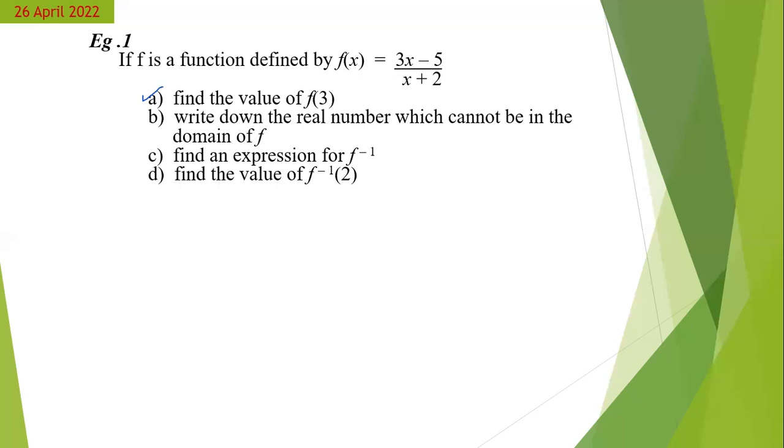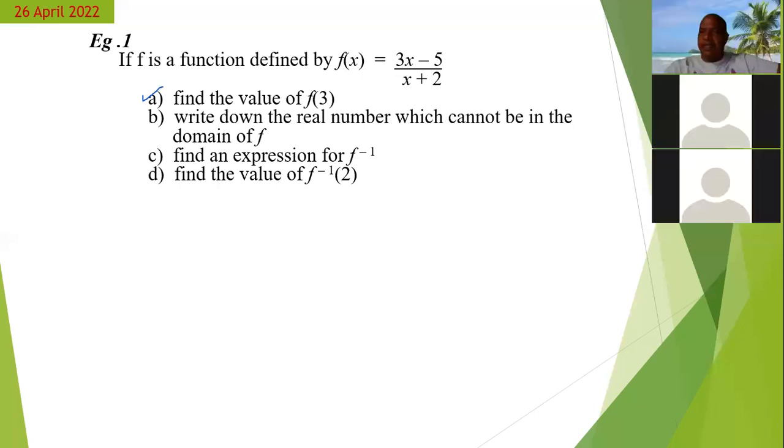Just to clarify, x would be 3, right? Yes. So you would plug in the value of 3.